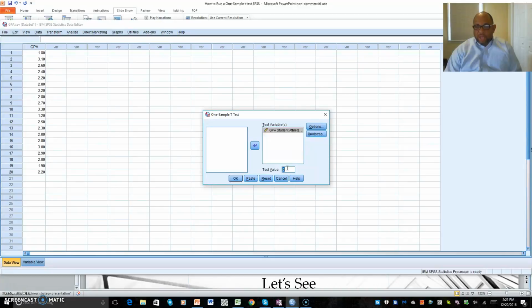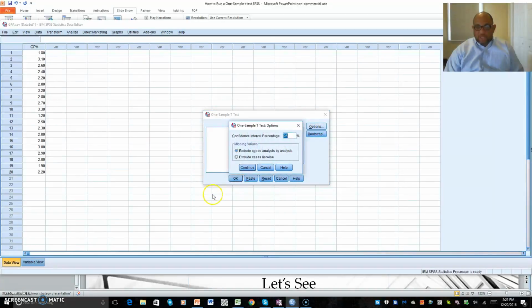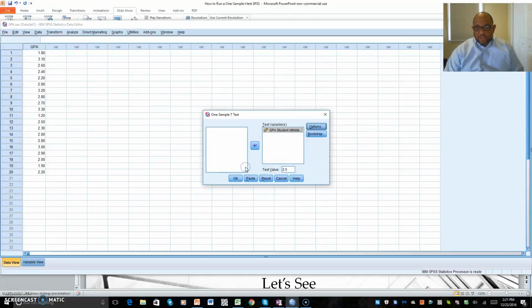That's the population at the small university. And the information that I received from institutional research, which would have all that information, the GPA of the non-student athletes is 2.5. 2.5, and as we go here to options, there's nothing here that we have on the options.